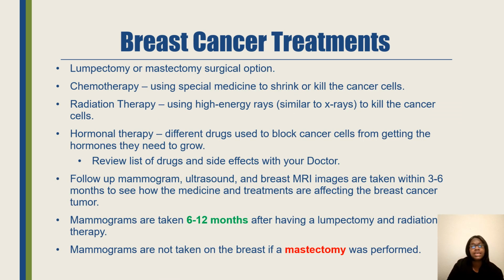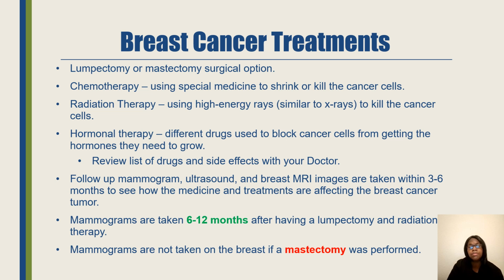For your breast cancer treatments, you have your lumpectomy or mastectomy, and then you have chemotherapy, which is going to shrink or kill the cancer cells. You have radiation therapy, which is going to kill the cancer cells. Hormonal therapy.